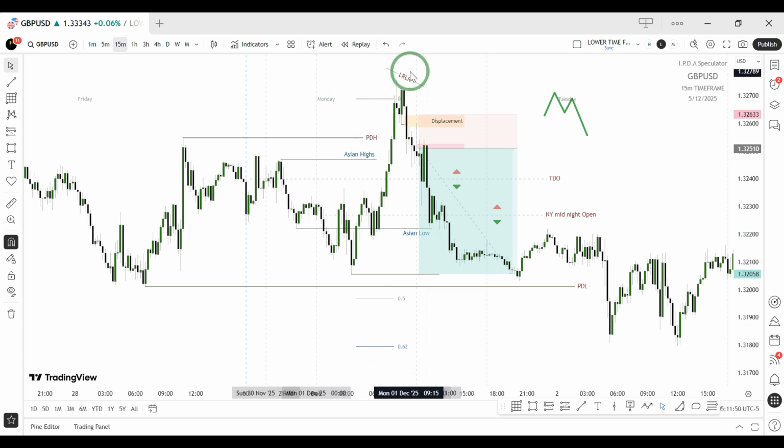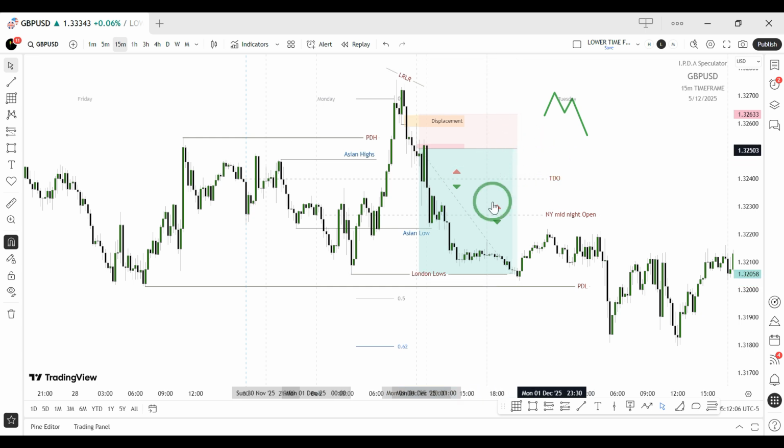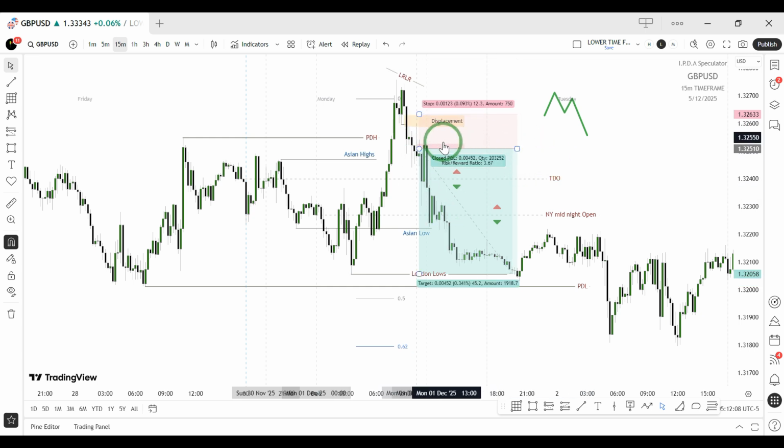Not my favorite one, but silver bullet gave us an entry, targeting the London lows. So Monday was cool, despite a small risk like 0.25 there. Take profit about 3.5 R.